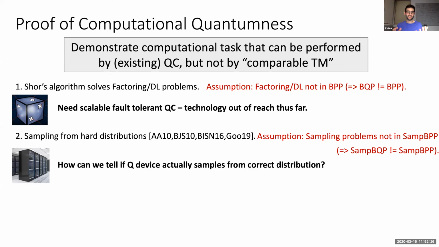But now that they have this collection of samples, the question is, how do you verify that the quantum device actually samples from the correct distribution, even if you accept the assumption that this distribution is hard for classical devices? The way this is currently done is by employing very strong classical supercomputers that run in exponential time and verify the result of this computation. This brings up a lot of challenges, but in particular, this approach seems to only take us to the current level of technology.